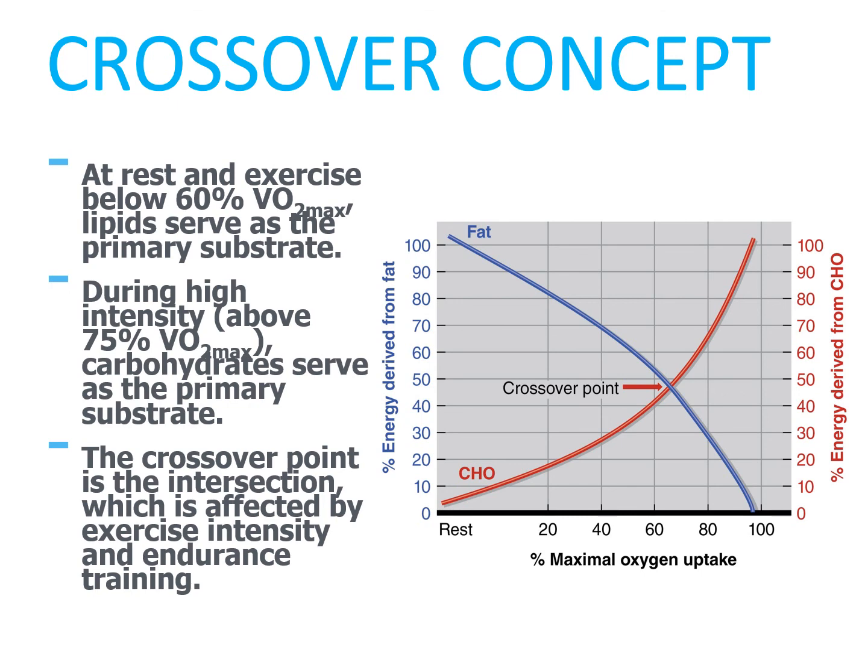That is our preferred energy source. However, as we move towards high-intensity activities, above 75% of our VO2 max, carbohydrates start to serve as our primary energy substrate. This crossover point is the intersection where we are affected by exercise intensity and endurance training. This is where we go from a fat preference to a carbohydrate preference.